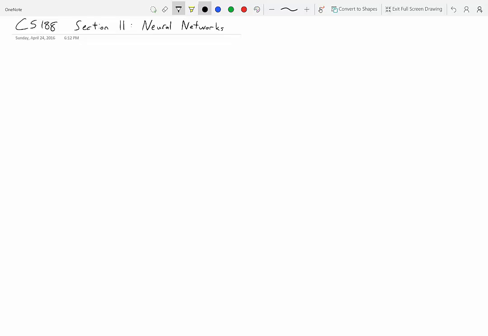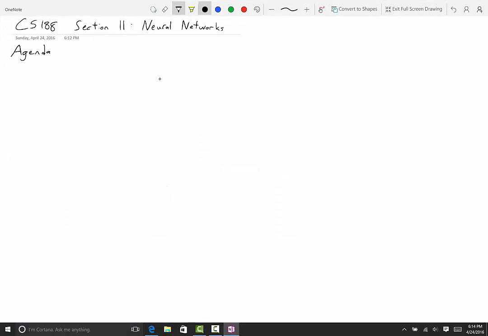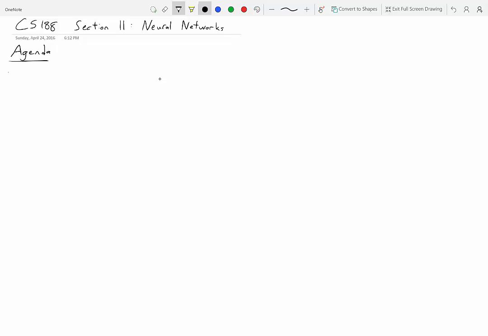So we're going to talk about a lot today, so here's an agenda. First, we're going to talk about the neural network model. How is it written and how is it set up? Now the model has a bunch of parameters, so then we're going to talk about how to solve for the parameters, the unknowns.